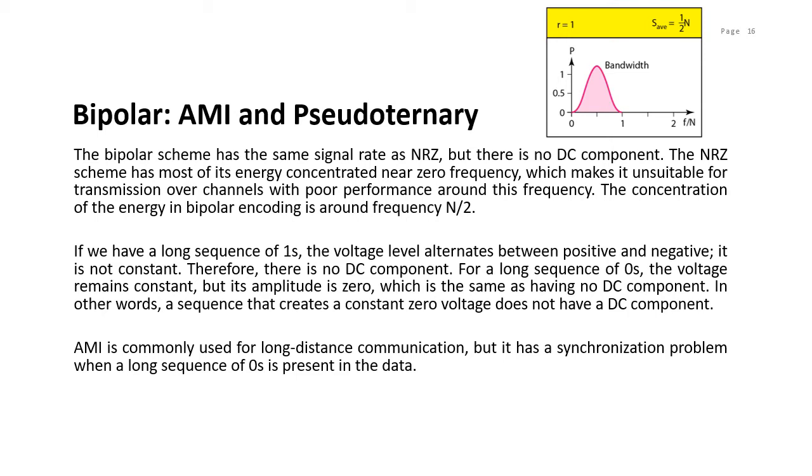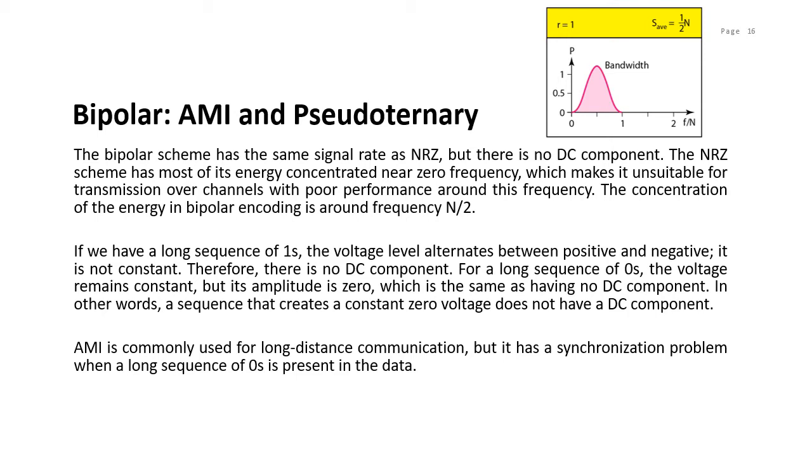It is not a constant basically, because it will always alternate between positive and negative. Therefore, there will be no DC component. And for a long sequence of zeros, the voltage remains constant, but the amplitude is 0, which is the same as having no DC component. In other words, a sequence that creates a constant 0 voltage does not have a DC component.